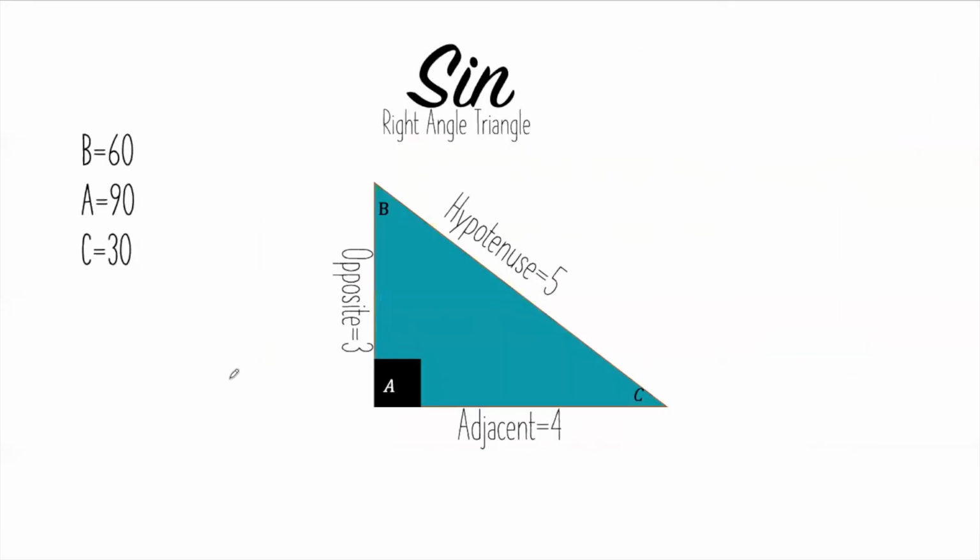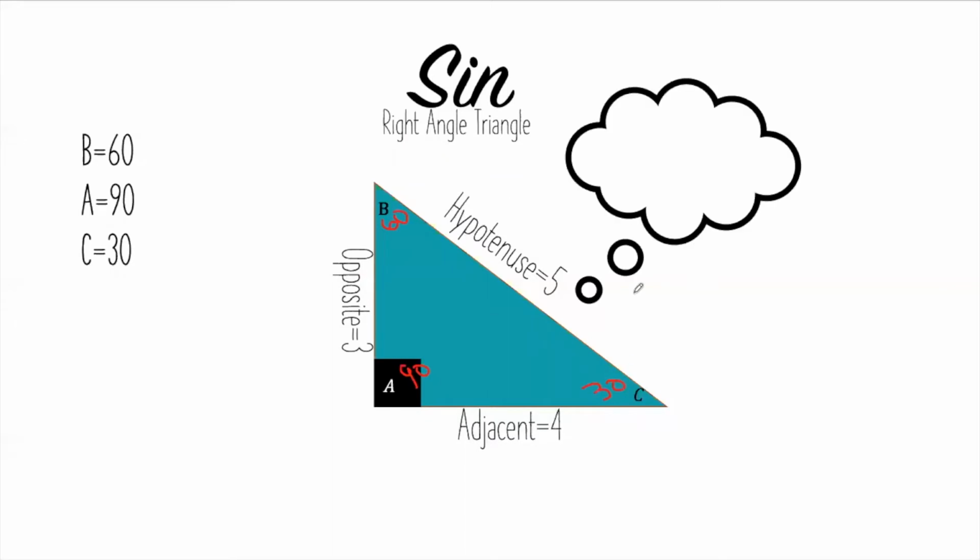So let's do an example for sine. We can see that A, or this angle, is equal to 90 because it's a right angle. And B is equal to 60, so C is obviously going to have to be 30 because there's a total of 180 degrees in a triangle. So C is going to be 30. And this is the adjacent, opposite, and hypotenuse, okay?